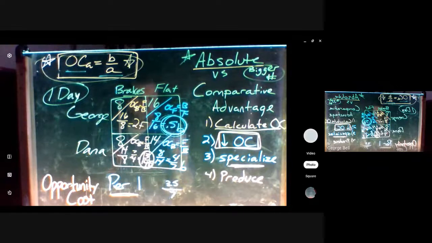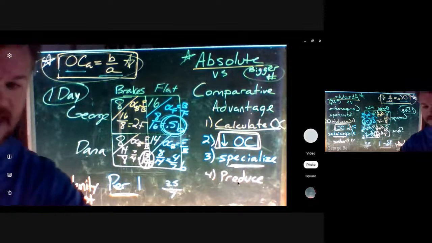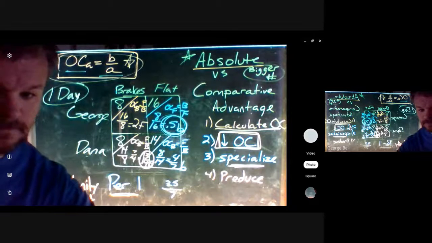Lesser. Lower or less. So I will specialize in changing flat tires. That means I will produce flat tires. She will produce changing brakes. And together we are running our business. Does that make sense?